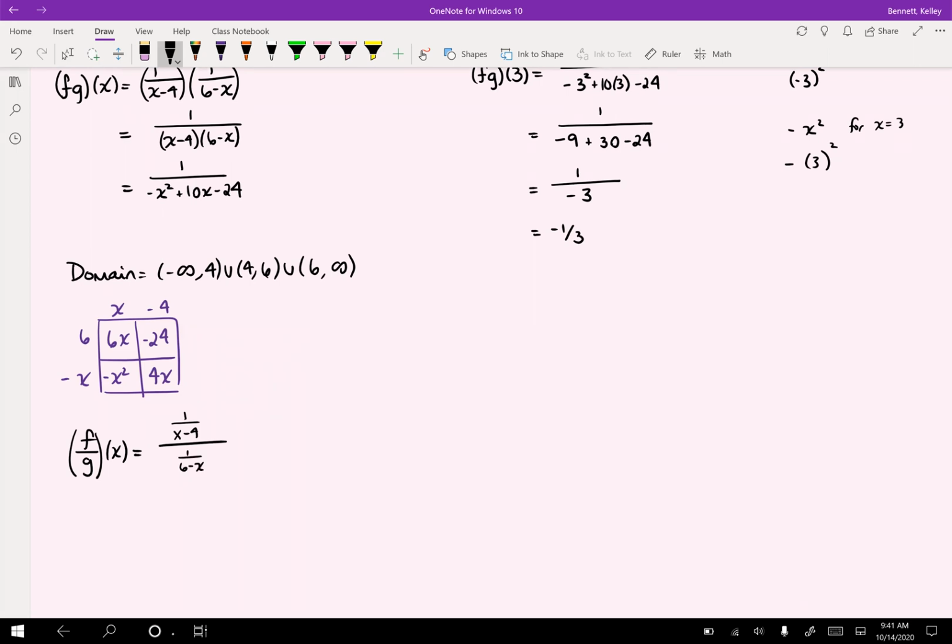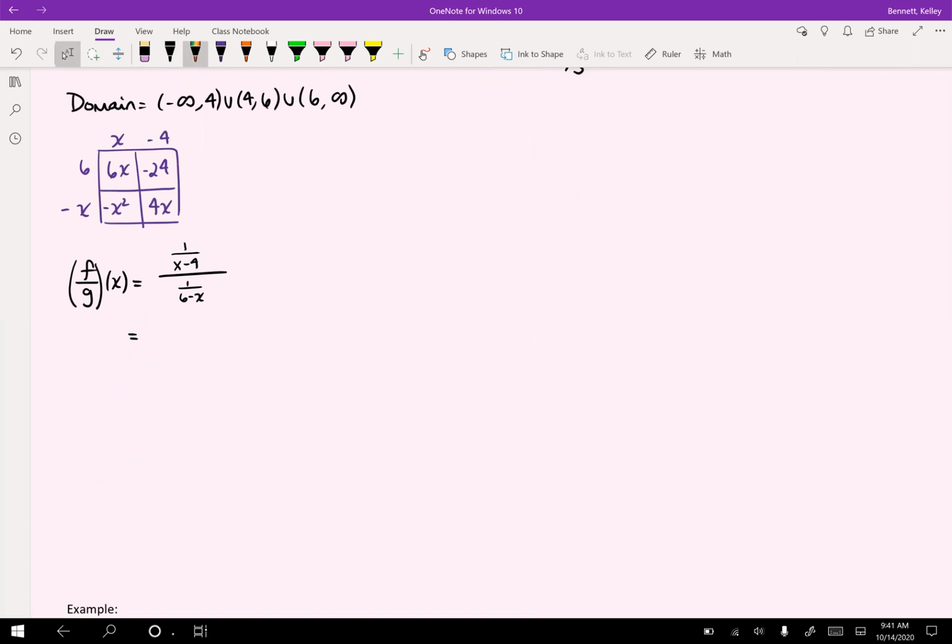So I can flip the bottom. So you could do keep, change, flip if that works for you. Some people do the sandwich method where they say, oh, it's this and this. Whatever works for you for dividing by fractions. So I just like to multiply by the reciprocal, which is the same thing as keep, change, flip.